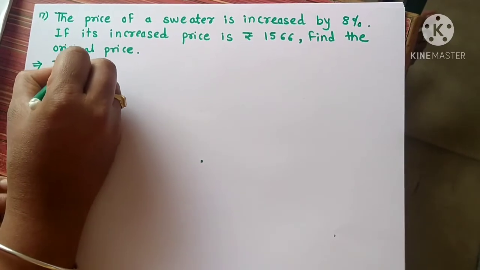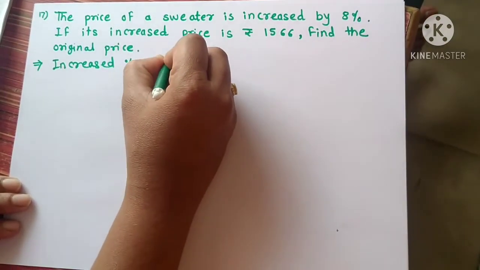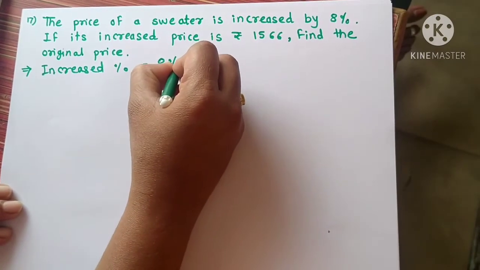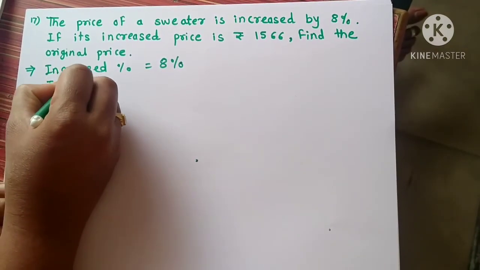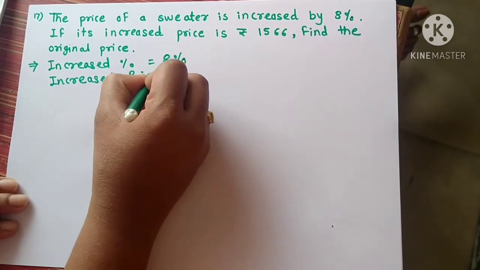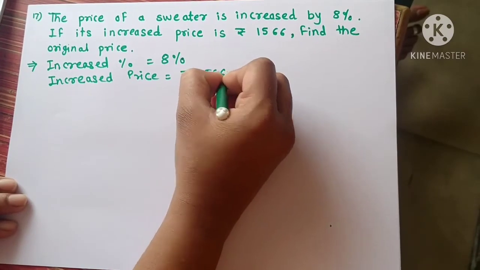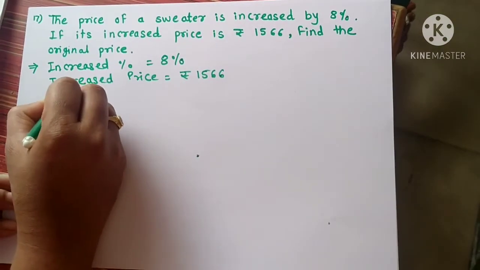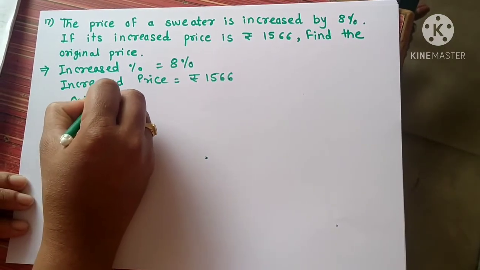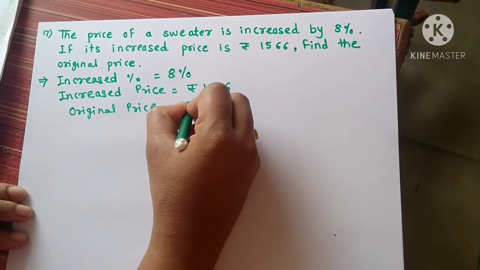So increased percentage, how many percent of increment? Increased 8%. How much did the price of the sweater increase? Price of the sweater is 1566, the increased price, and we have to find out the original price of the sweater. Original price of the sweater be x.